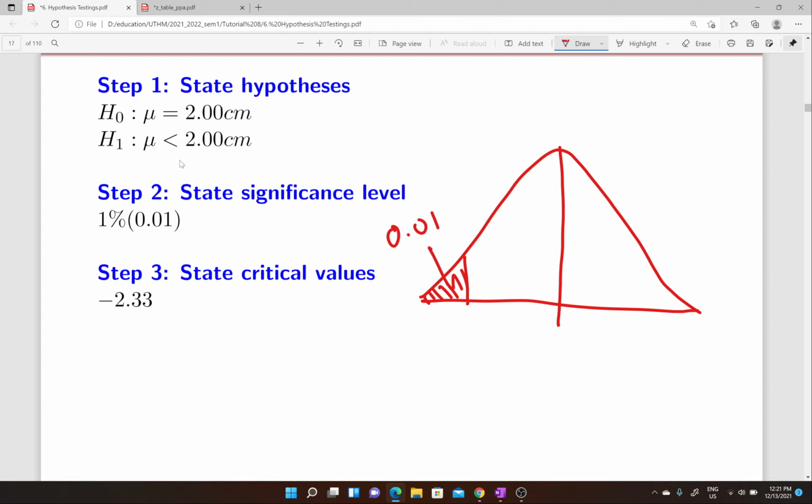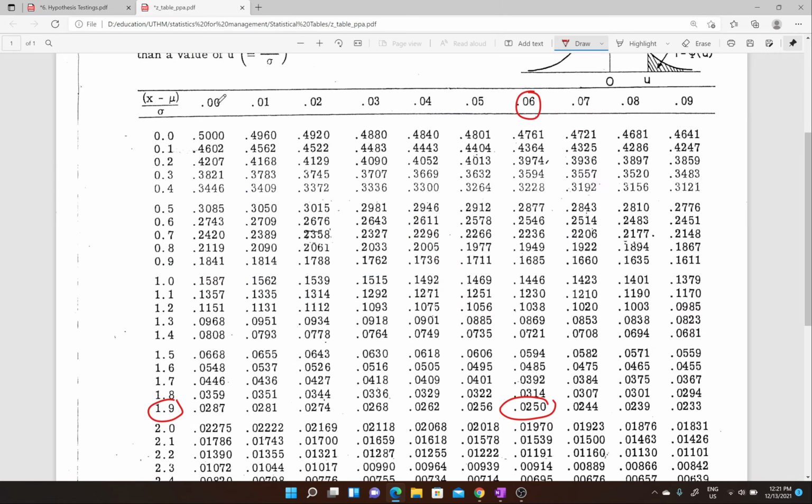This is a one left hand side, one tail test, left. My F and T look exactly the same. So if 0.01 is here, what is the critical value? Go back to the Z table, 0.01.